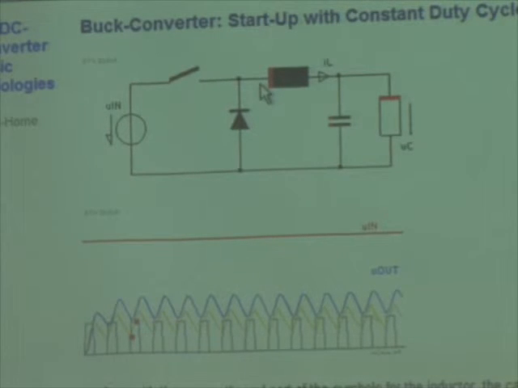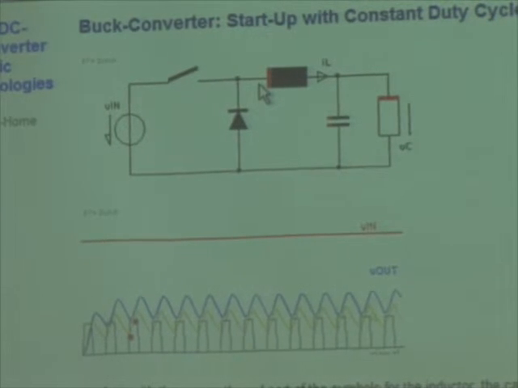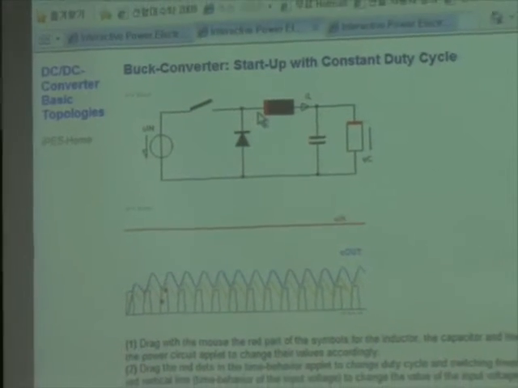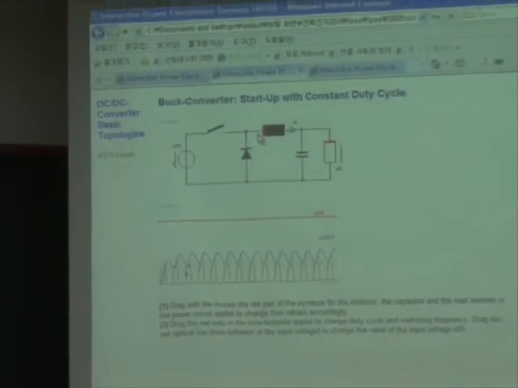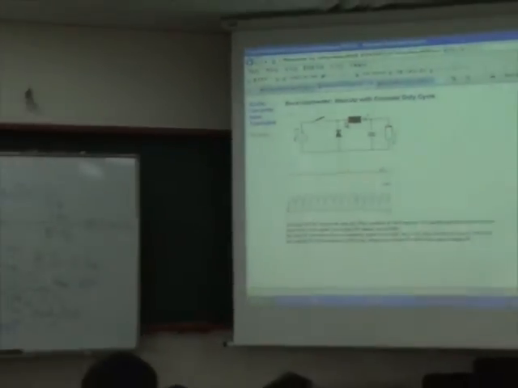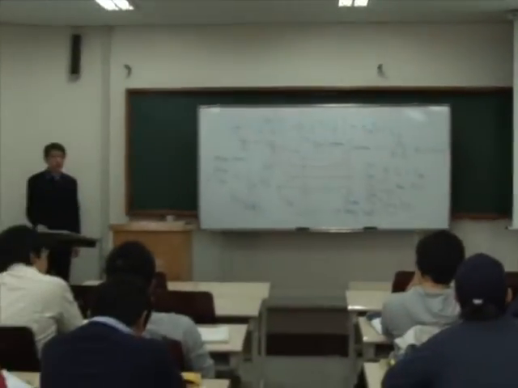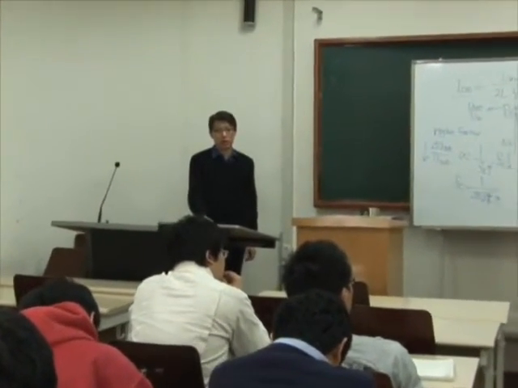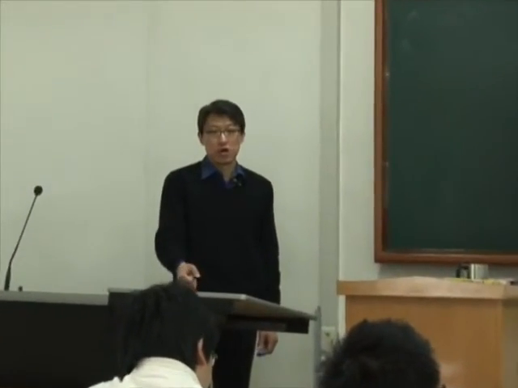We can do many different kinds of things from the simple circuit, right? That's why the buck converter is so important. I can tell you that once you fully understand the buck converter, you are almost halfway to understanding all power electronic circuits. Inverter, rectifier, and most of push-pull, half bridge, full bridge, those circuits are based on this buck converter.